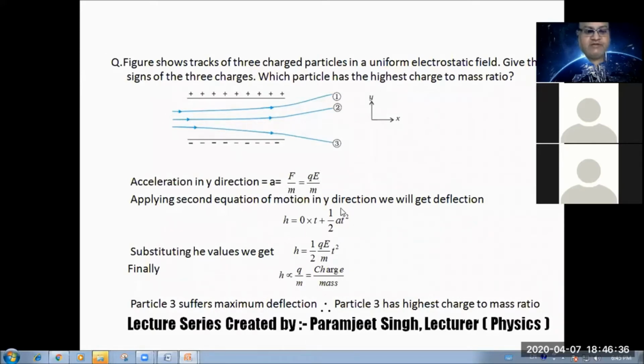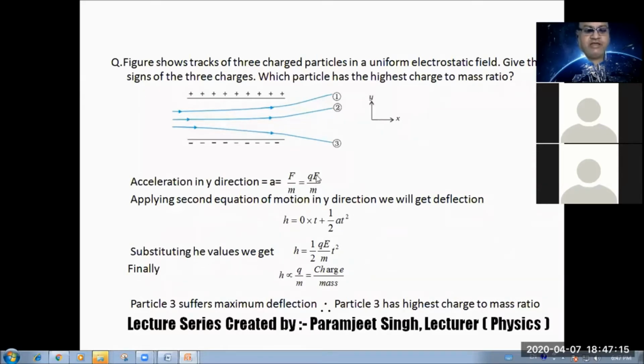Now apply the second equation of motion in the y direction. What is the second equation of motion? S is equal to ut plus half at square. S means the height or shifting of the particle along the y direction, that is h. Suppose there is h shift in the particle, either downward or upward. So in place of s we put h. Initial velocity u is 0, so 0 into t, plus half at square.